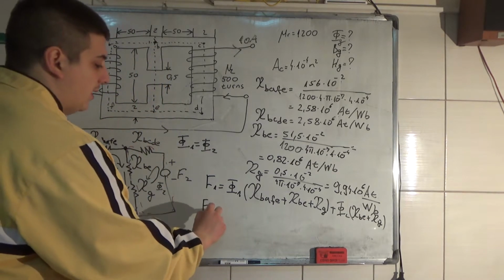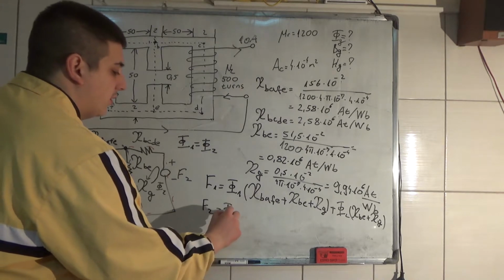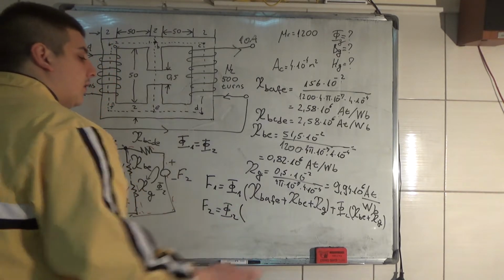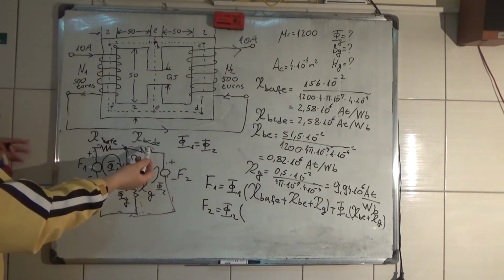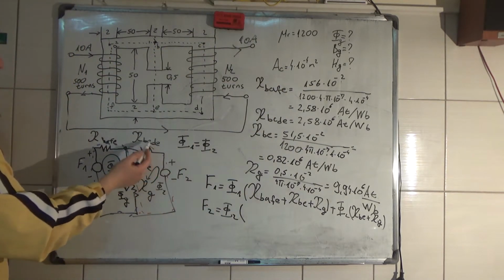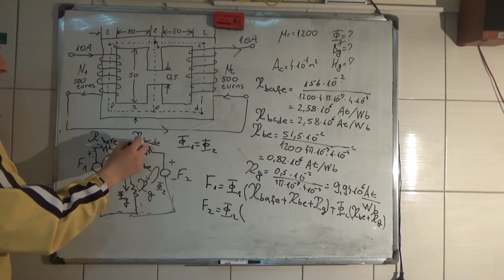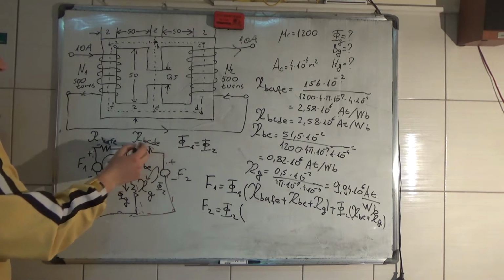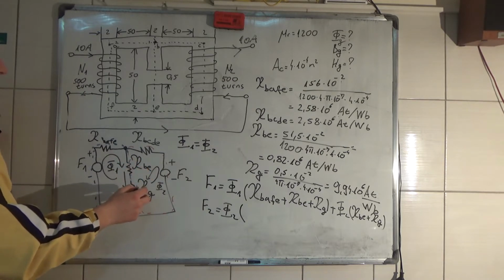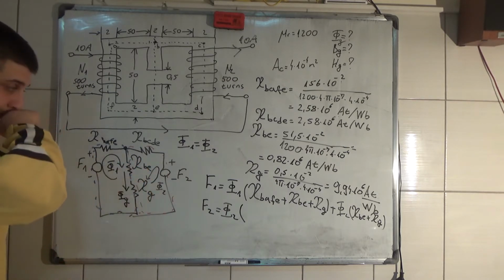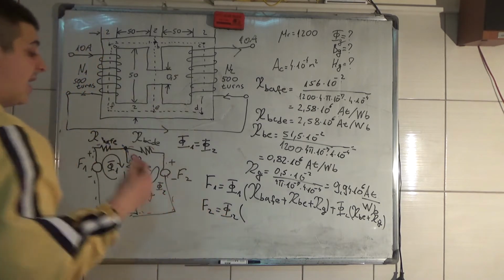F2 is equal to flux 2 times the sum of these reluctances, the reluctance of BCDE plus the reluctance of BE plus the reluctance of G, that is the air gap.